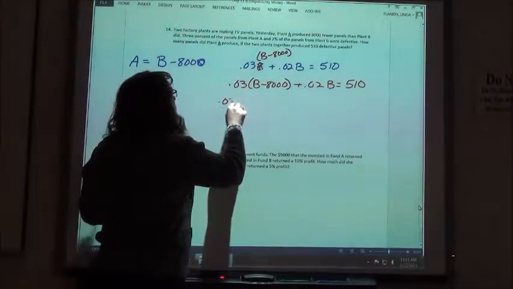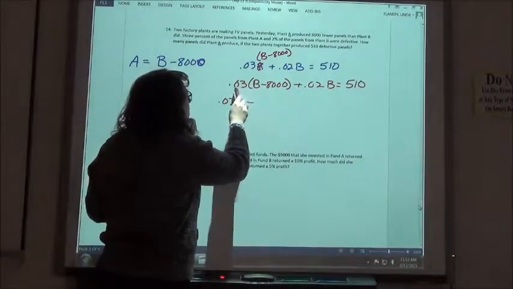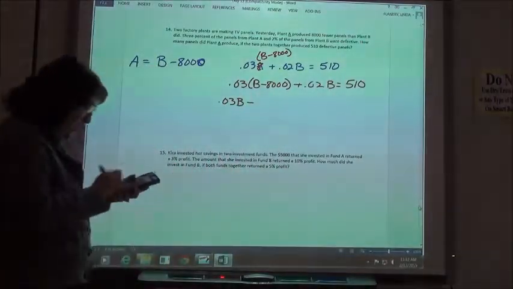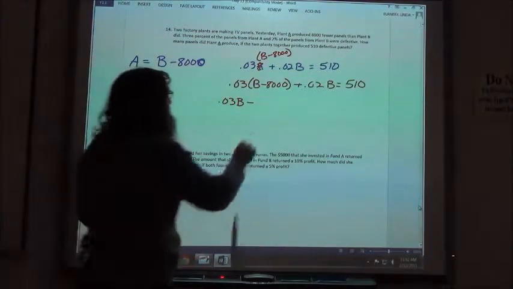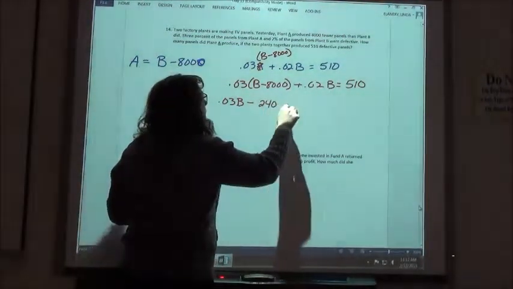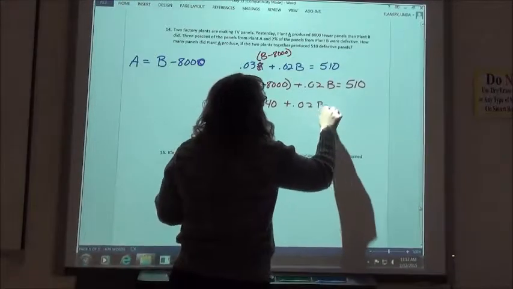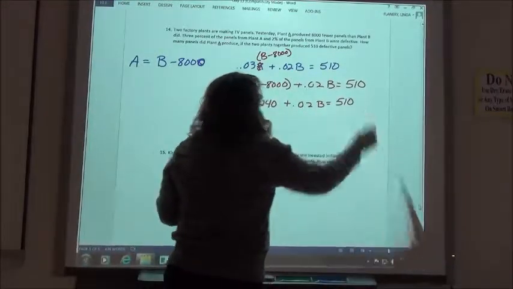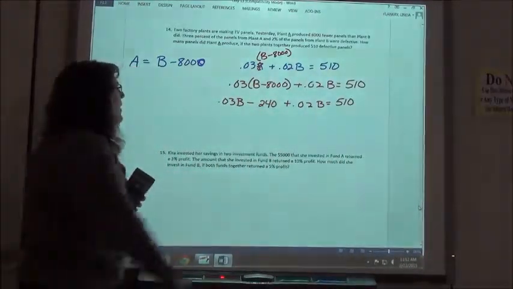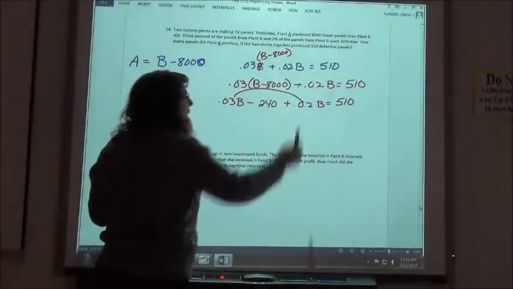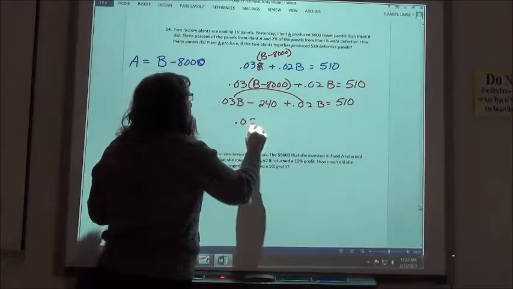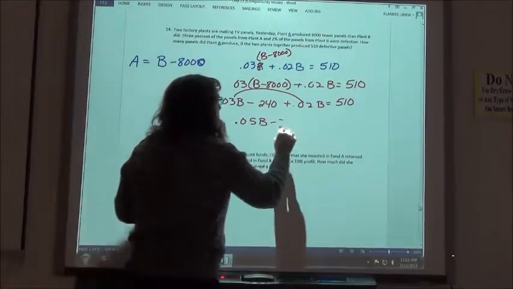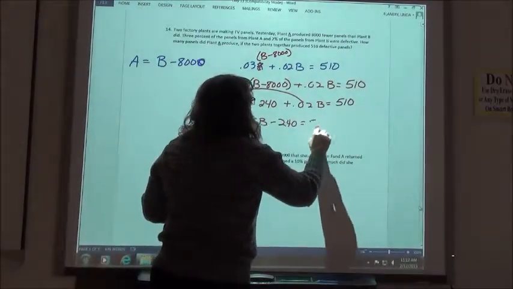So 0.03B minus 3% of 8,000. 0.03 times 8,000, 240. Plus 0.02B equals 510. Combining my like terms, since I have B's, 0.03 plus 0.02 would be 0.05B. Minus 240 equals 510.